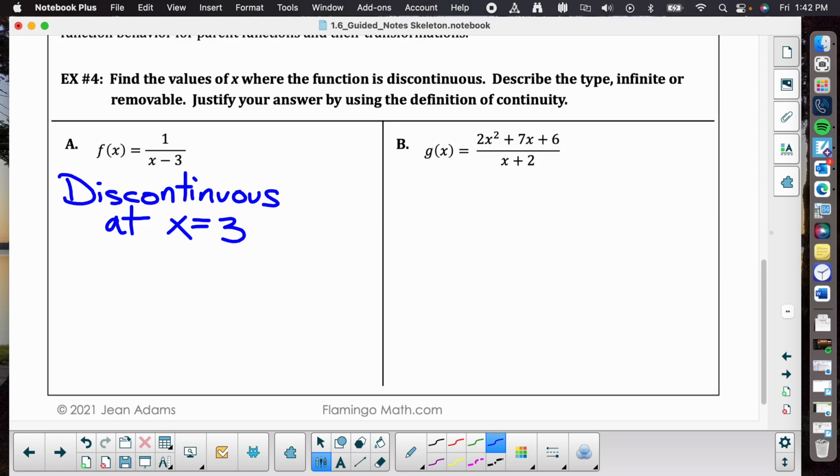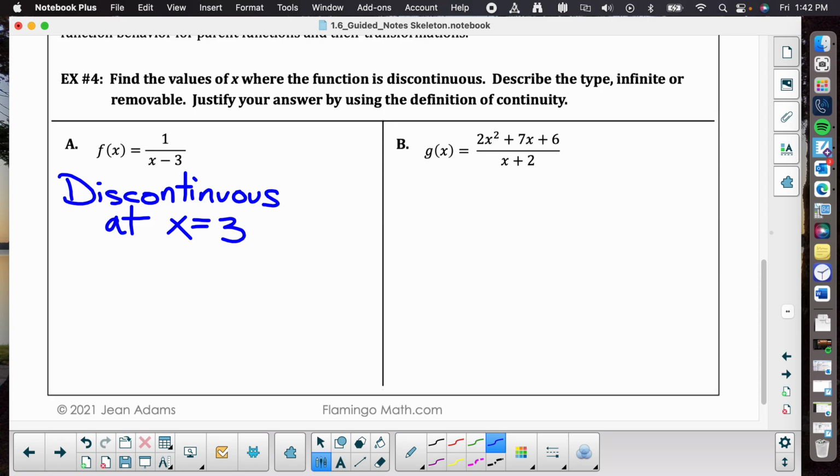So if you have a square root, you can't use negative x values because those wouldn't be real, they wouldn't exist. You're just looking for where things happen. If this was just a regular polynomial like that top one, there isn't any. It's just a regular parabola. So we're looking for numbers we can't use.